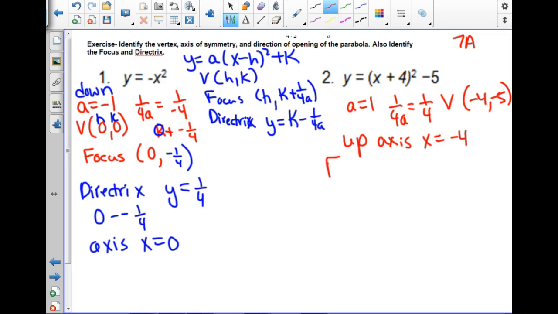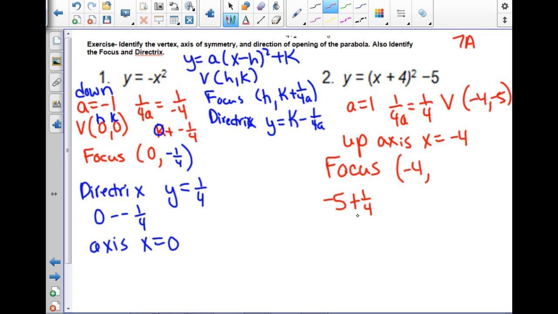Now, finding the focus. The focus is going to be the h value, negative 4, comes first. You just rewrite that. But I take negative 5, and I need to add to it whatever I got for 1 over 4a, which was 1/4. Negative 5 plus 1/4, you can use your calculator and type negative 5 plus 1 divided by 4.